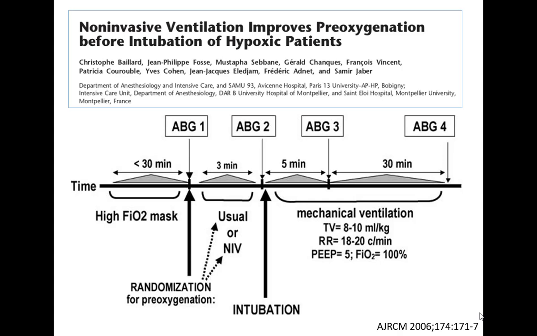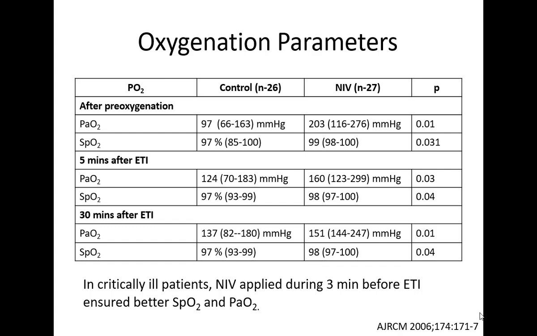So patients were not given a muscle relaxant and they were allowed to breathe on a pressure support mode with a small amount of PEEP. They did one ABG after that and then intubated the patient, and then the patients were put on mechanical ventilation.